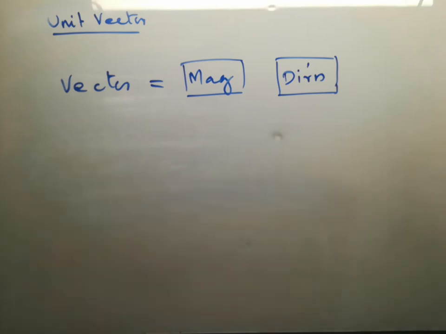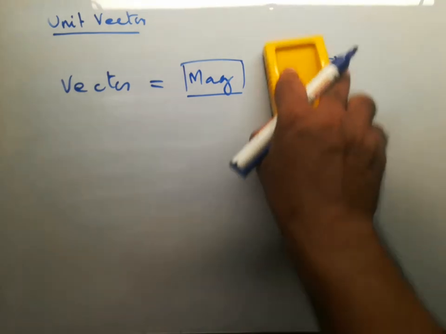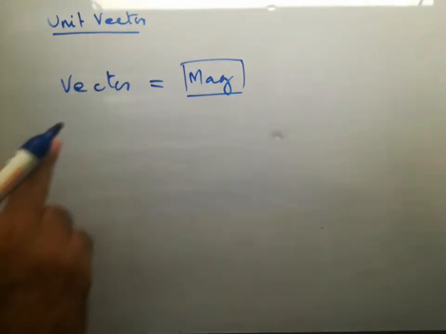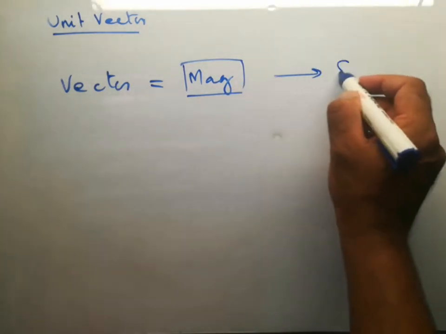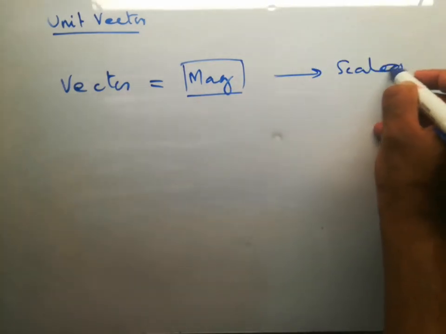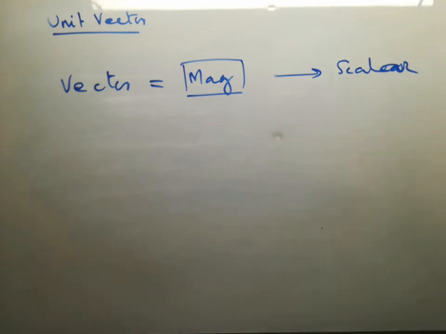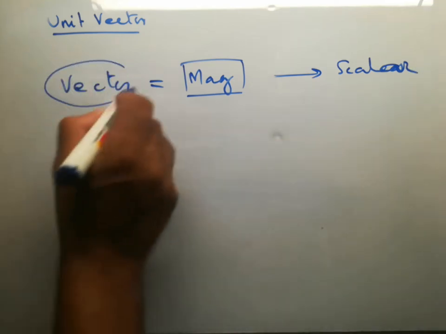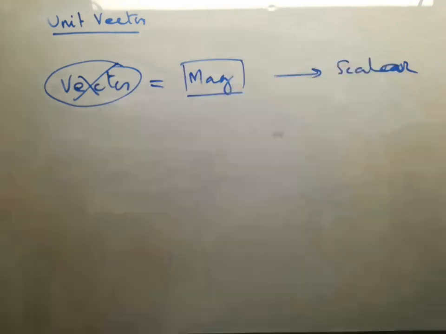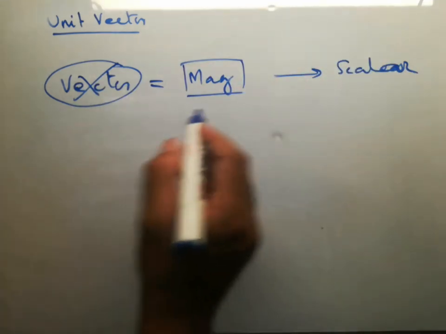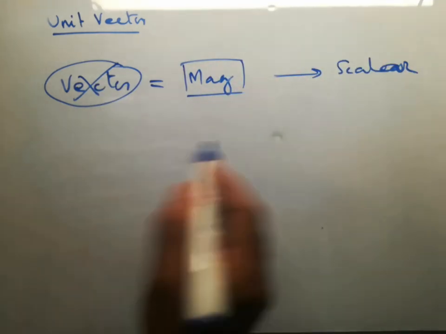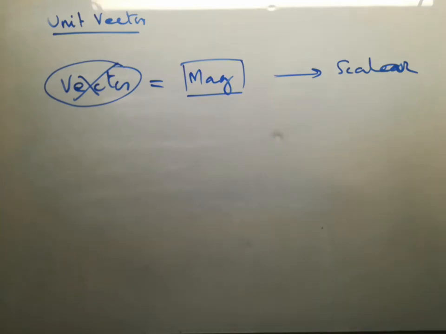Say if a quantity is having only magnitude, then that is called as scalar, scalar quantity. So it is not a vector, but it is a scalar. If a quantity is having both magnitude and direction, then that is called as a vector quantity.